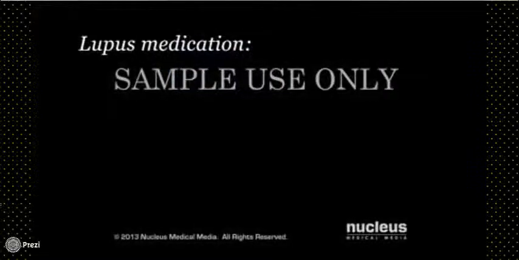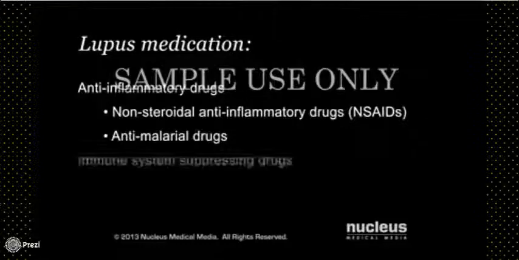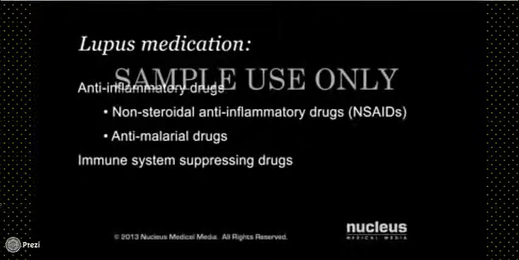To treat your symptoms, your doctor may recommend a combination of drugs to reduce inflammation, such as nonsteroidal anti-inflammatory drugs, or NSAIDs, and anti-malarial drugs. Your doctor may also recommend drugs that suppress or prevent your immune system from attacking the tissues in your body, such as corticosteroids.